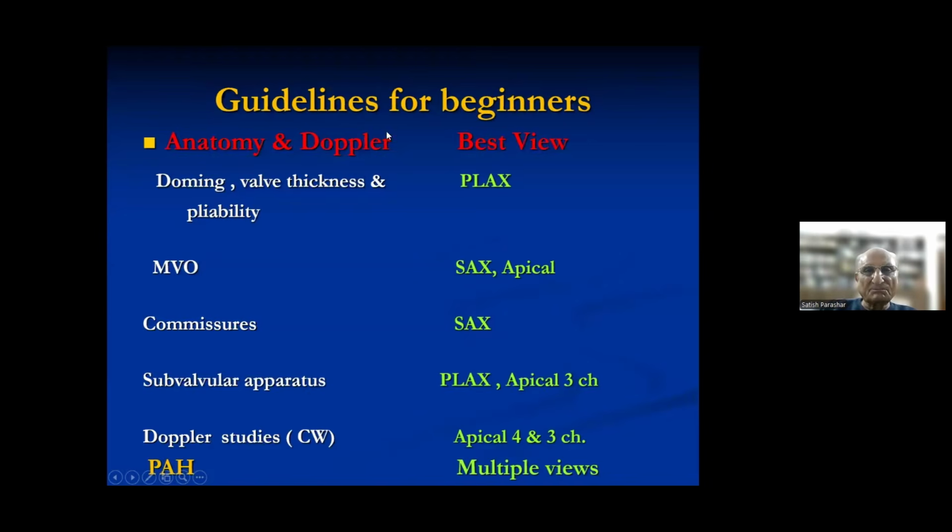So a guideline for beginners is: valve thickness and pliability by parasternal long axis view, mitral valve area by short axis view and apical by pressure half time, commissures by short axis view, subvalvular apparatus by parasternal long with an apical view, all Doppler studies, preferably CW from an apical 4 and 3 chamber view because you are parallel to the flow. And pulmonary artery hypertension, we take multiple views and this will be told to you. So these are just some of the guidelines.